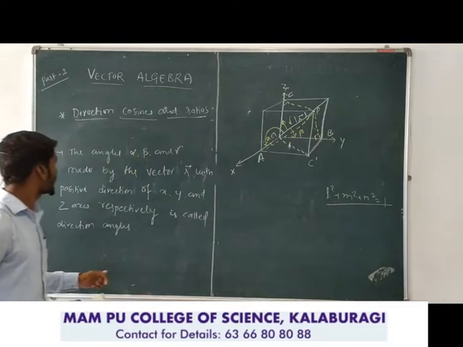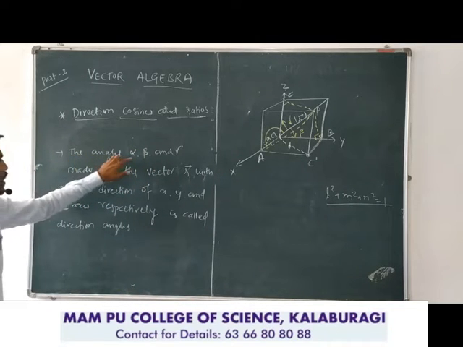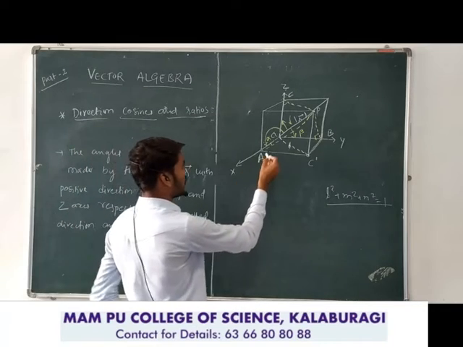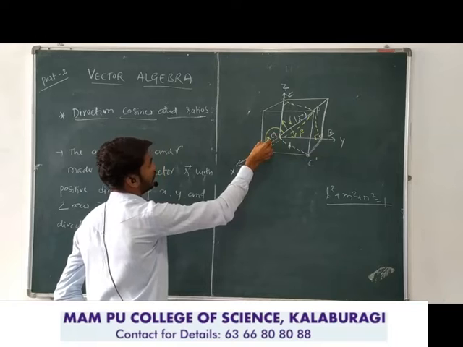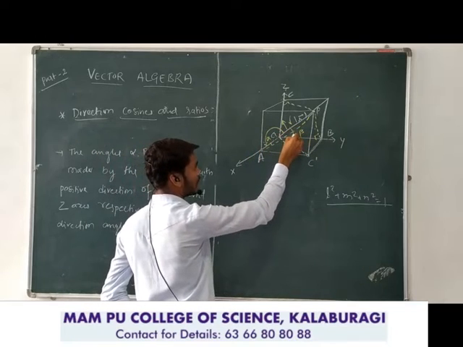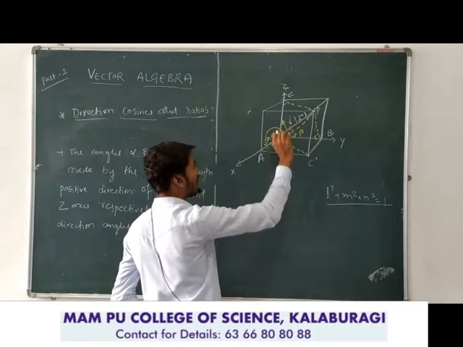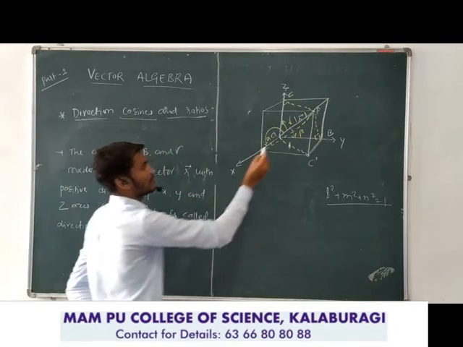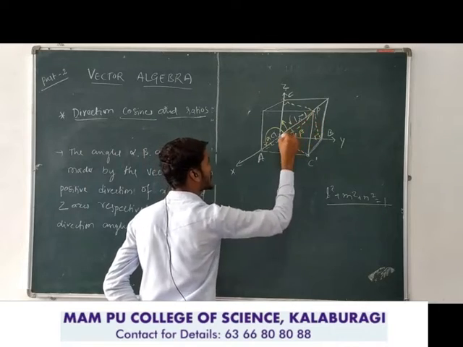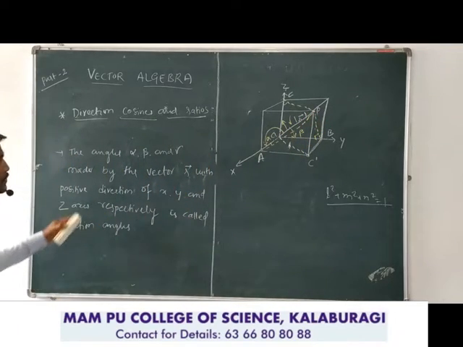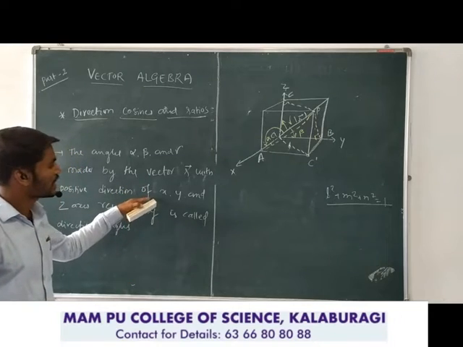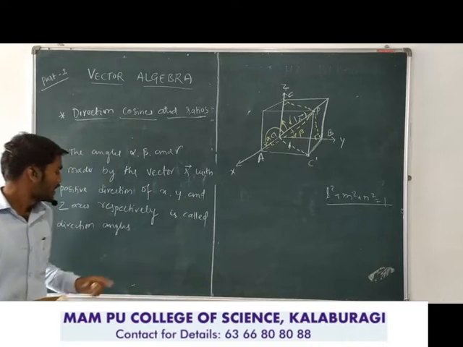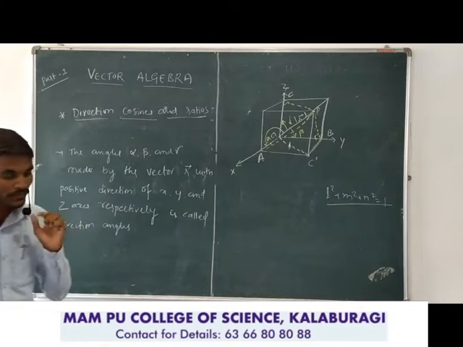We already know the angles alpha, beta, gamma made by the vector R. Alpha is here, this is also an angle, beta is here, and gamma is also an angle, made by this vector R with the positive direction of X, Y and Z axis respectively, called direction angles.